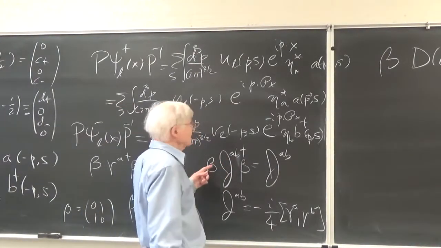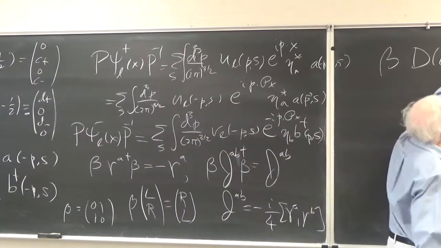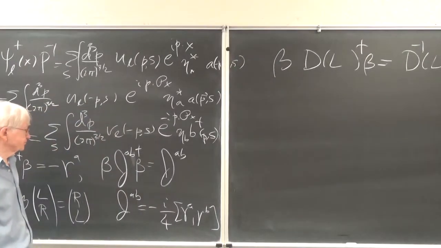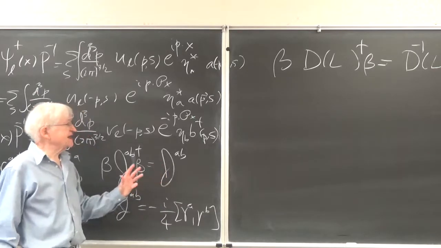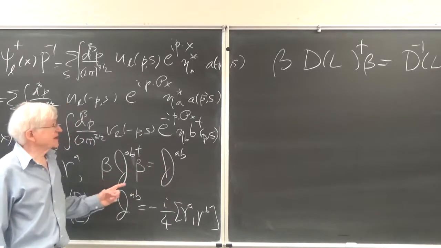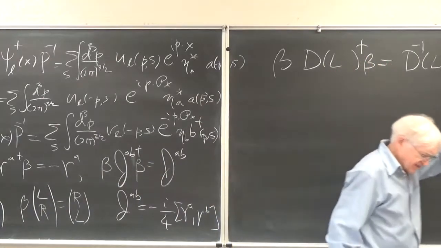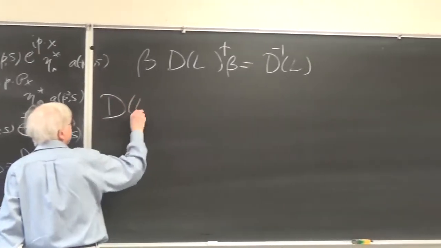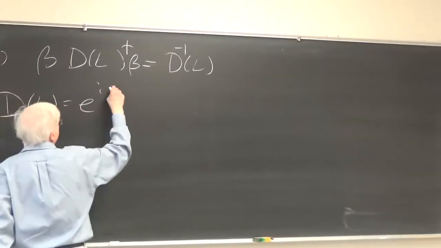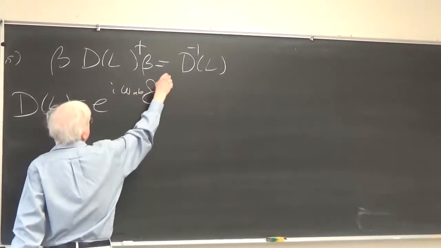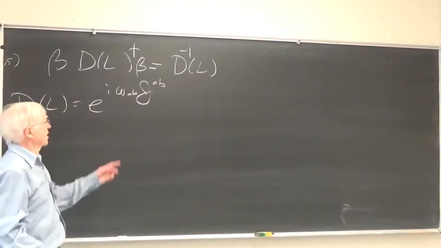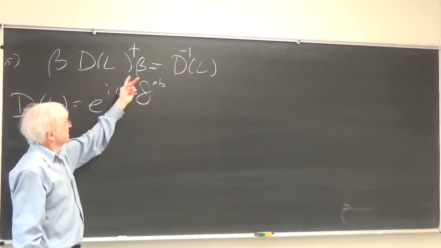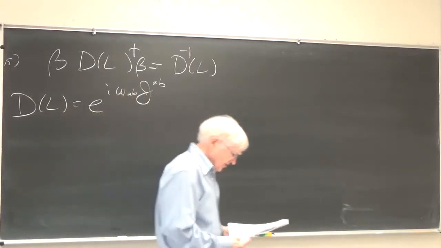And so we see that if we do a dagger and we put in the betas, then the effect on the J's is nothing at all. But on the other hand, the complex conjugation flips the sign of the I. In other words, what we have here is D of L is some e to the I omega AB JAB, and the omegas are real. The J's remain invariant under this, but the I flips, and so you get an inverse.